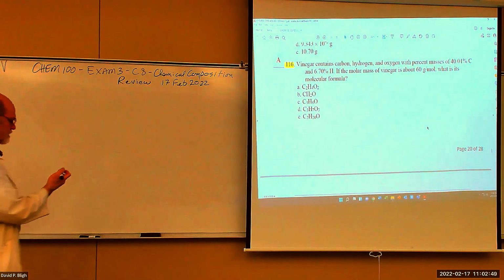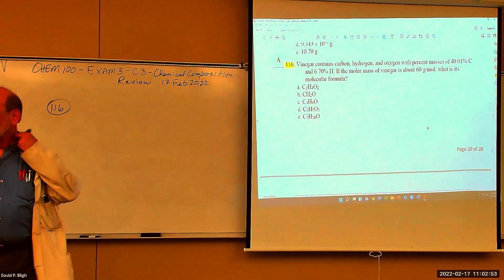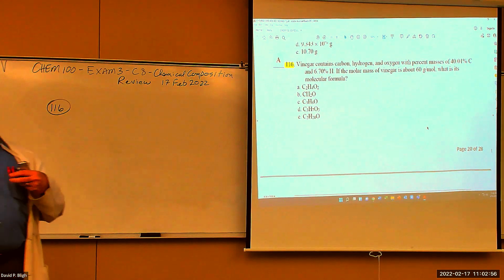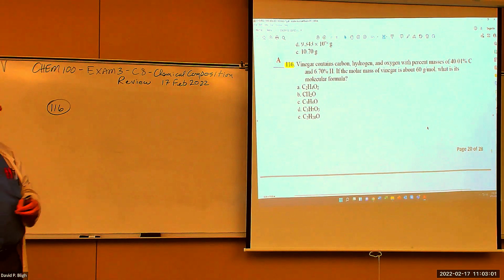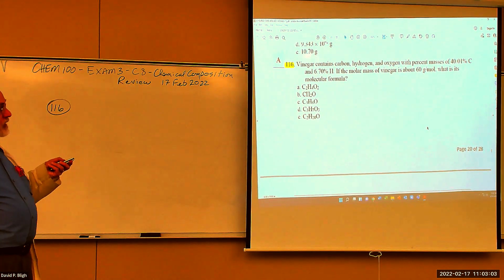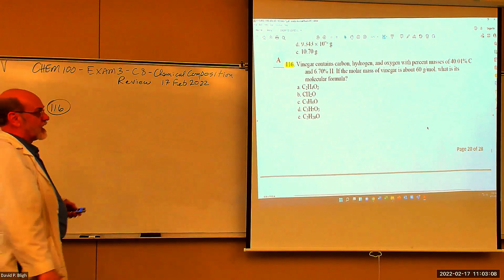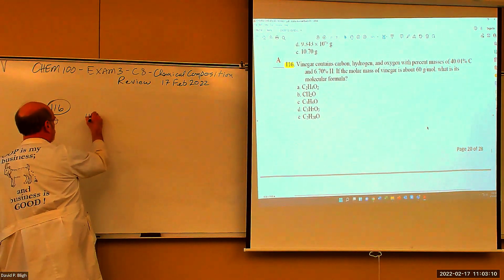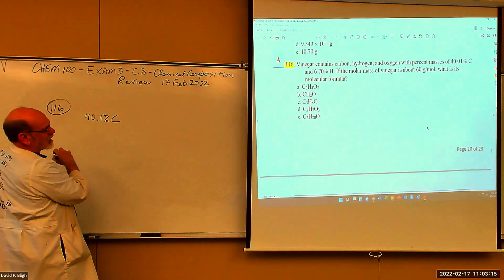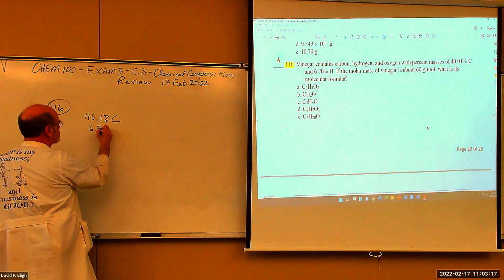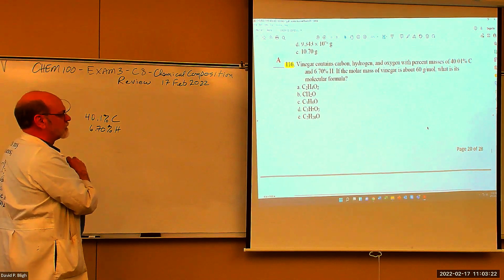Nope, one more. Vinegar. Now, technically, this is wrong. Vinegar is a mixture of acetic acid and water, 5% acidity. But the molecule we're talking about here is acetic acid. And the acetic acid is carbon, hydrogen, oxygen in these ratios: 40.1% carbon, 6.70% hydrogen, and the rest of it is oxygen.